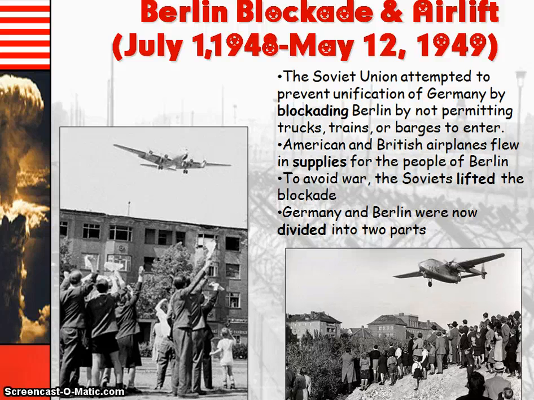And so you can see the dates of this, July 1st, 1948 to May 12th, 1949. So in order to avoid war, the Soviets go ahead and lift the blockade. And now Germany and Berlin are 2 parts.